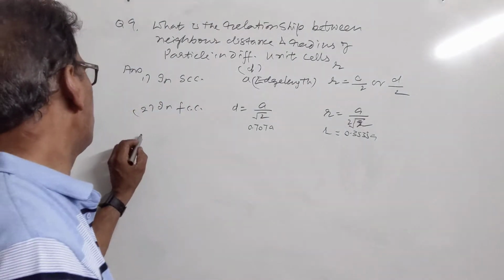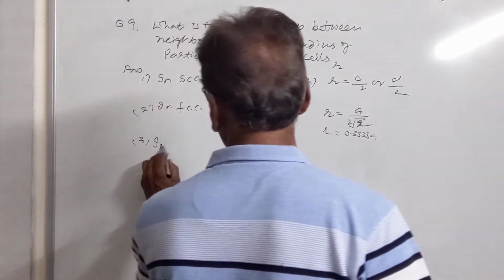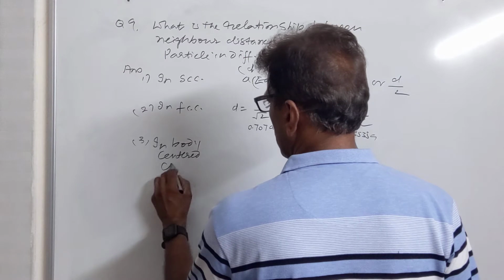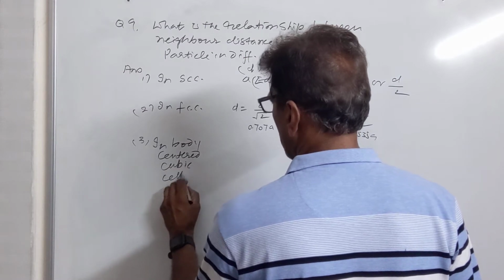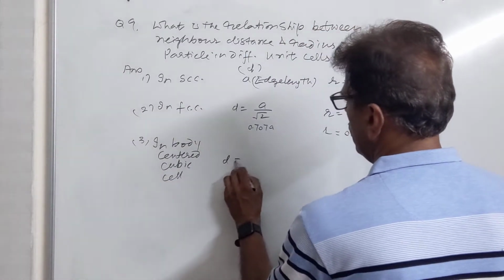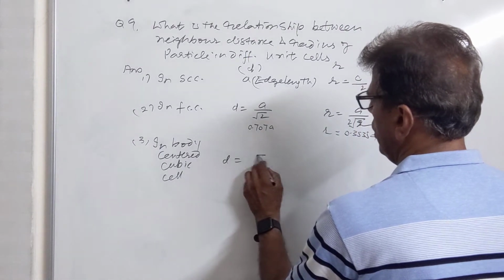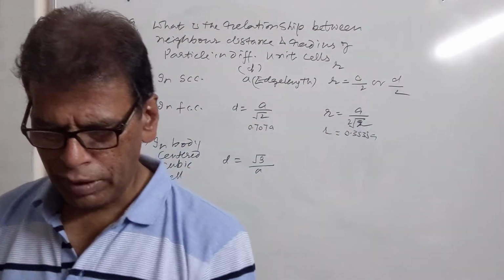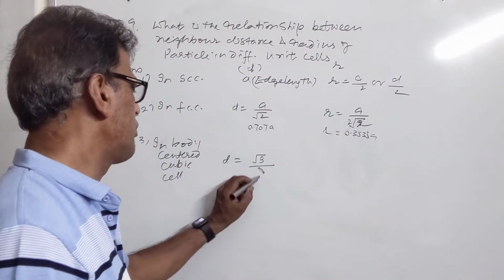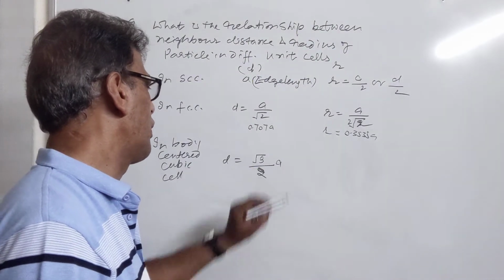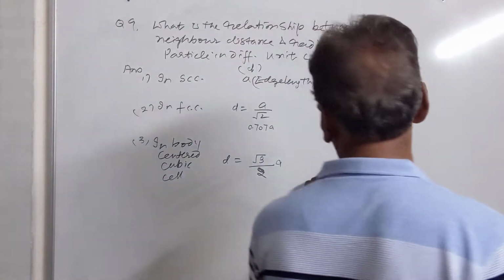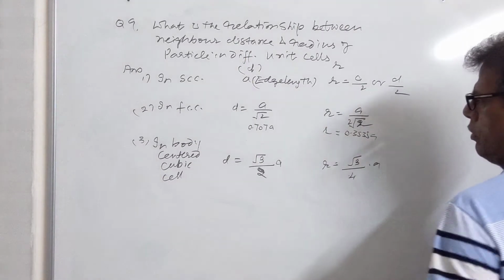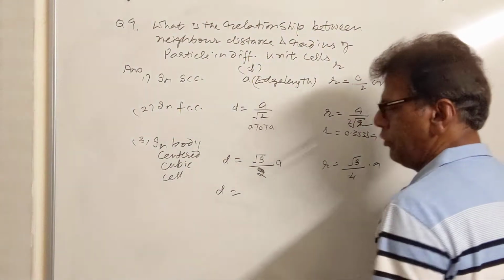Then we have body centered cubic cell, D is equal to under root 3 upon 2 into A, or R is equal to under root 3 upon 4 into A. So they can be solved out.